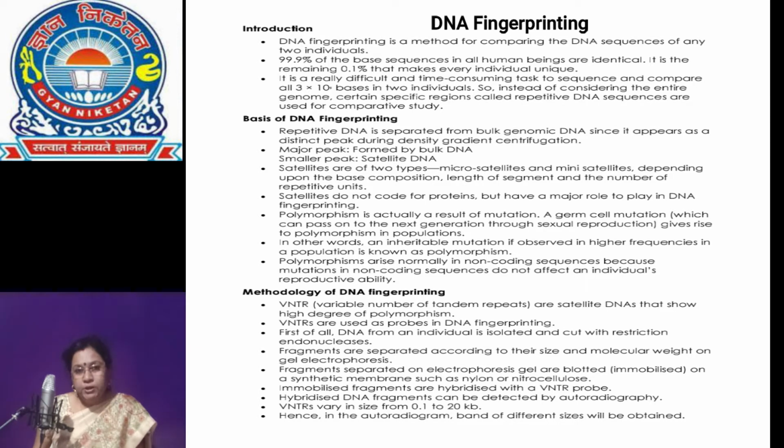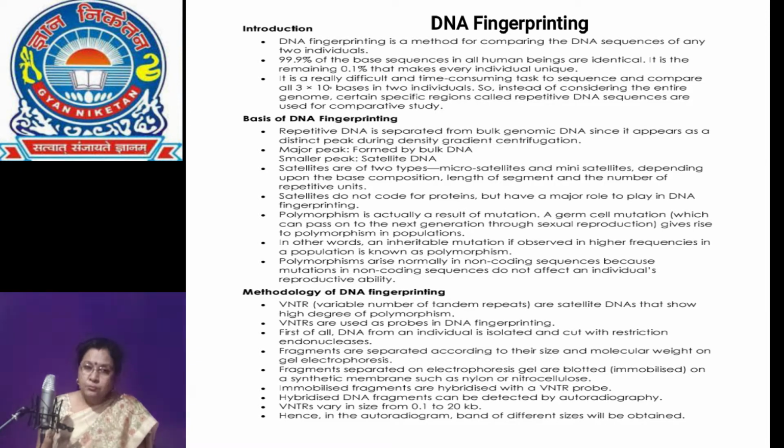So, as we all know, the human genome consists of 3 into 10 to the power 9 base pairs. That is, 99.9% of base sequences among humans are the same, which makes every individual unique in phenotype.